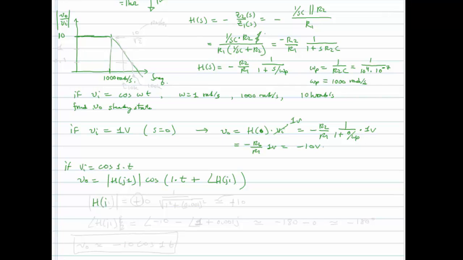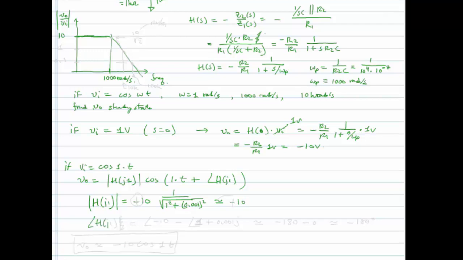So H of j1, magnitude, is going to be equal to minus 10, because that's minus R2 over R1, times 1 over the square root of 1 squared plus 1 over 1,000, 0.001 squared. The denominator here is going to be very, very close to 1. So I'm going to say this gain is approximately minus 10 still.